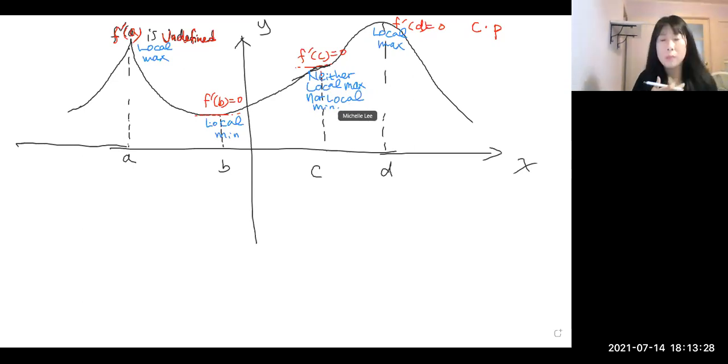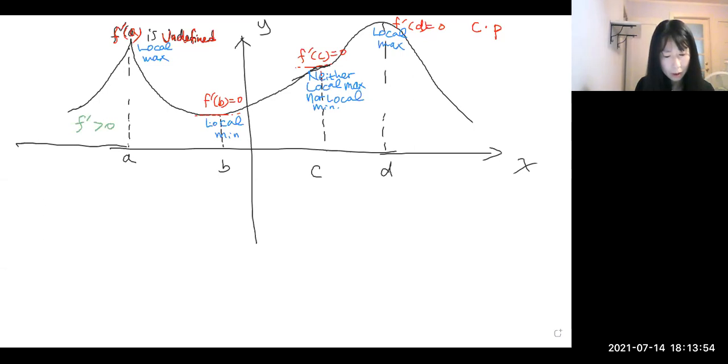Okay. All right, then let us analyze here. This part, the derivative here is greater than 0, because think about the slope.